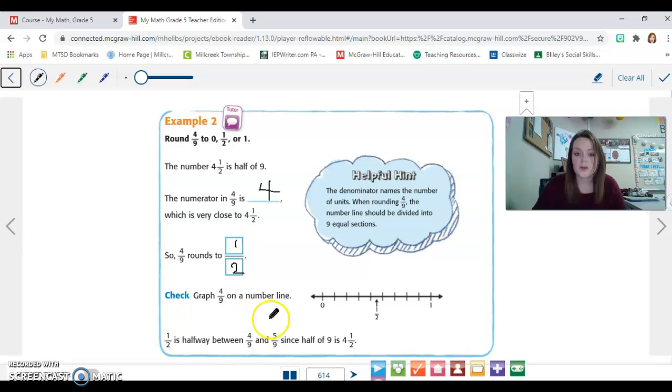We can check this by using a graph. We have 0, 1/2, and 1. We have 9 lines, or hashes, as our denominator. We're going to count 4. 1, 2, 3, 4. 1/2 is very close to 4/9, so our answer checks.